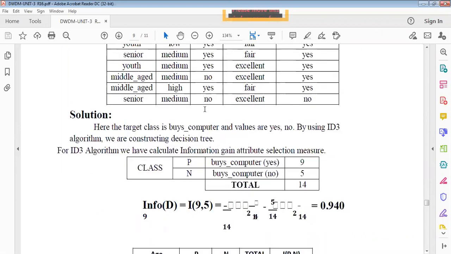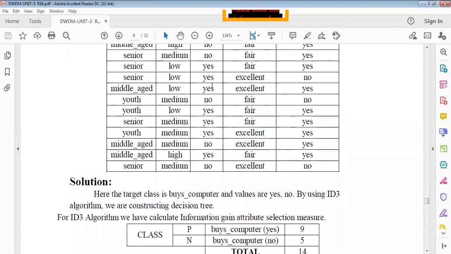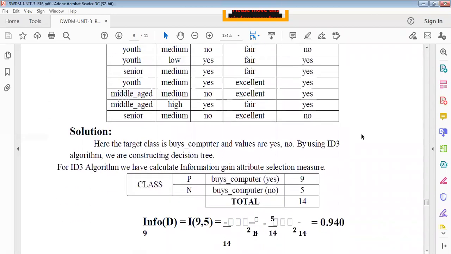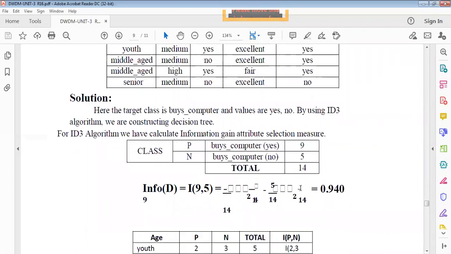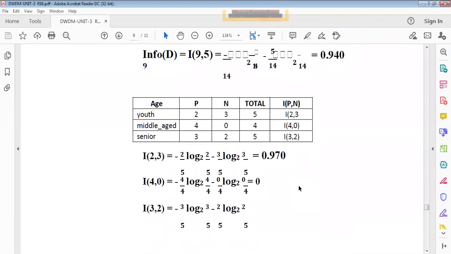This is the solution of the information gain for the given data. Buys the computer: how many people say yes and how many say no. Totally, yes is 9 and no is 5, totally 14. The information gain of 9 and 5, you can get the value 0.940. In a similar way, you can process all these things.